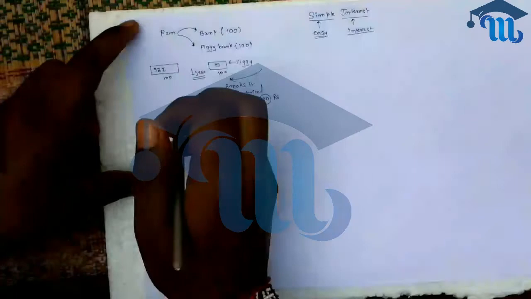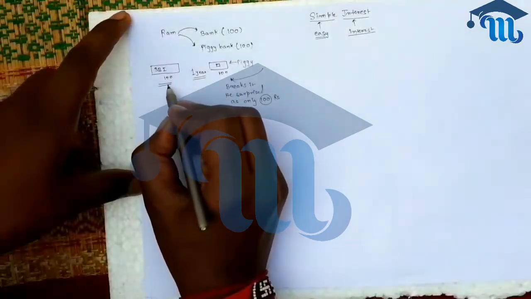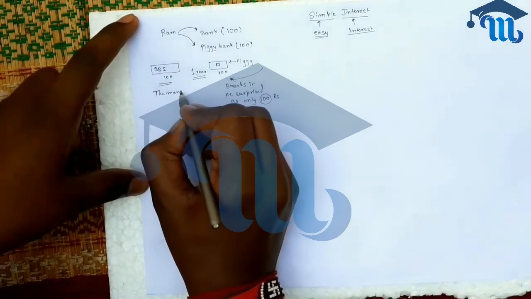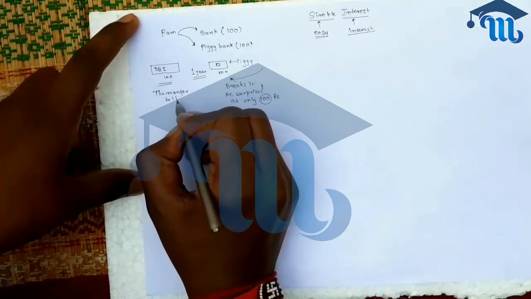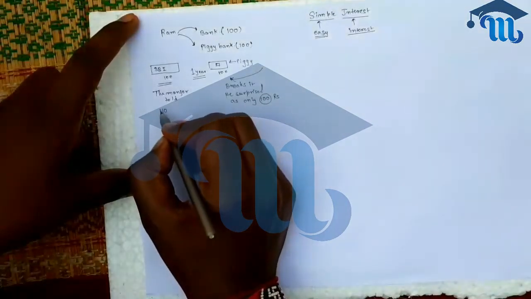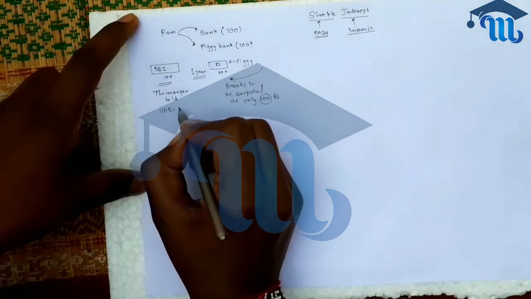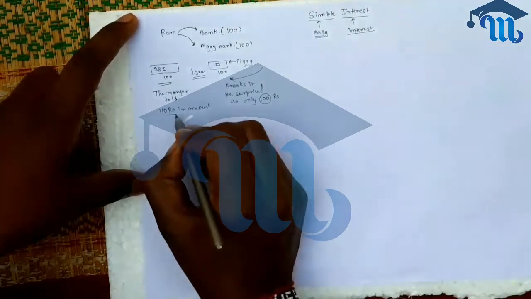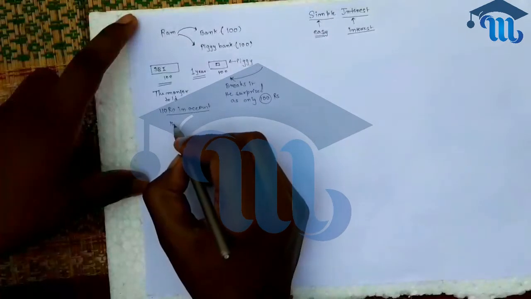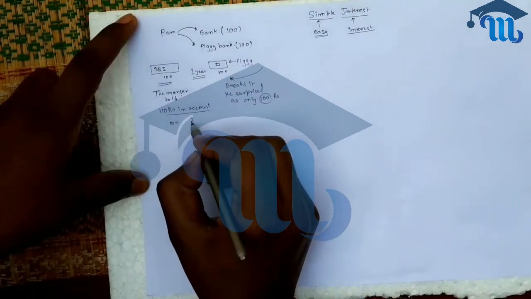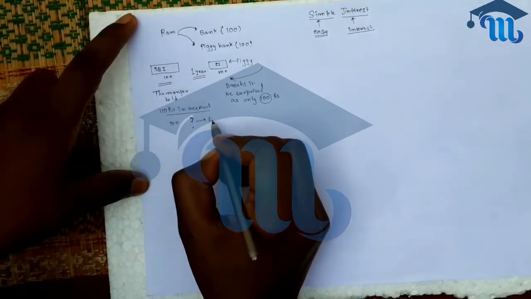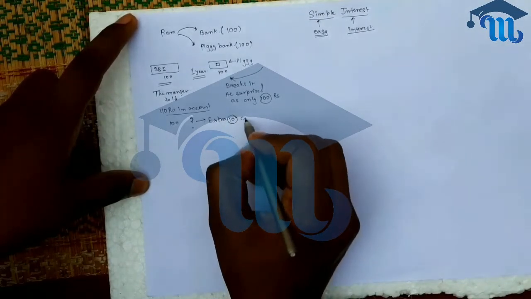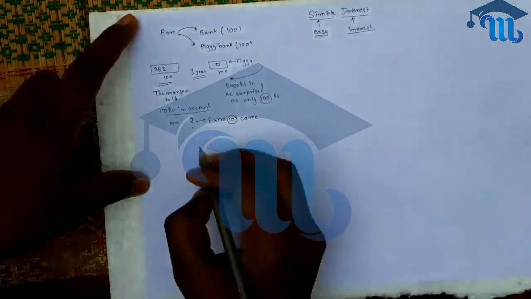But when he went to the bank, State Bank of India, the manager told him, "You have 110 rupees in your account." He deposited 100 rupees. From where did this extra 10 rupees come? He was surprised.